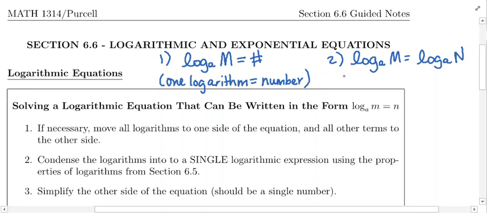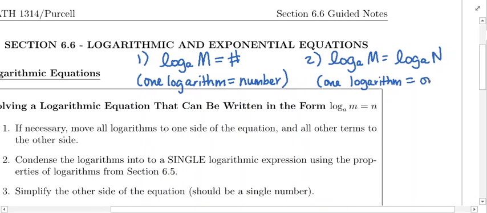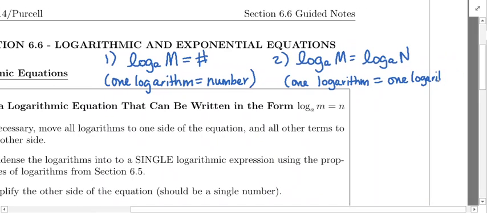You have one logarithm equal to one logarithm. And the key here is that they have the same base. So those are the two types of logarithmic equations that you will encounter here.